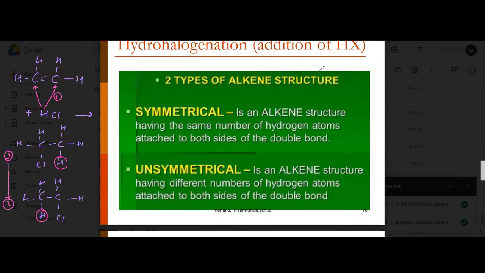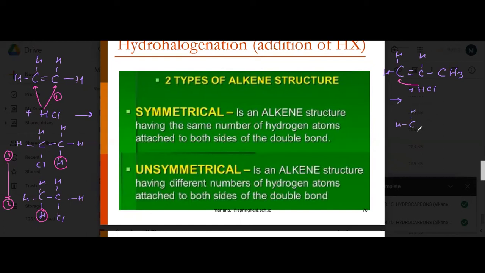This is a symmetrical alkene. But how if we have unsymmetrical alkenes such as propene? If you add HCl, please remember that there are two possibilities for hydrogen. Let's say hydrogen goes to the first C. I will complete with X first. So what is the result?